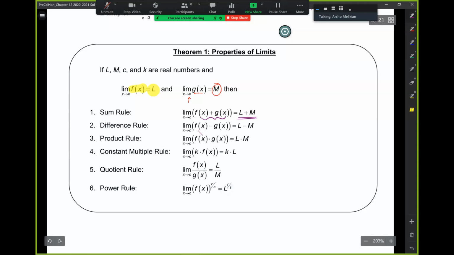If you want to find the limit of the difference, subtract them. Same with multiplication, division, and so on.